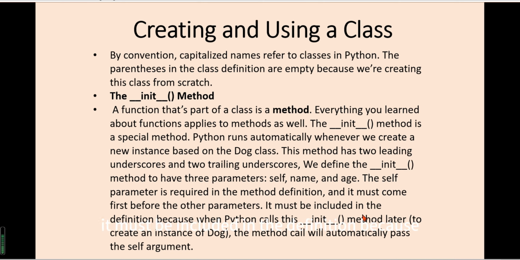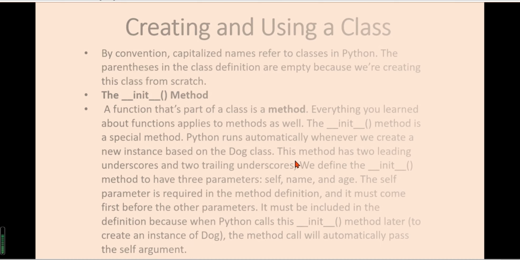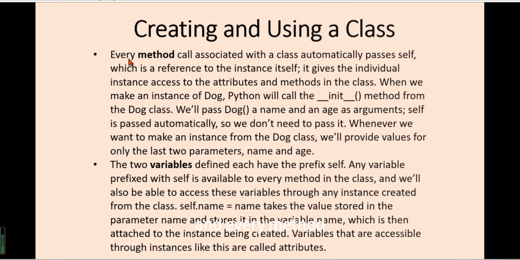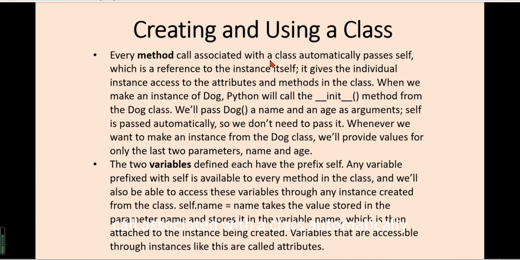It must be included in the definition because when Python calls this __init__ method later to create an instance of Dog, the method call will automatically pass the self argument. Every method call associated with a class automatically passes self.